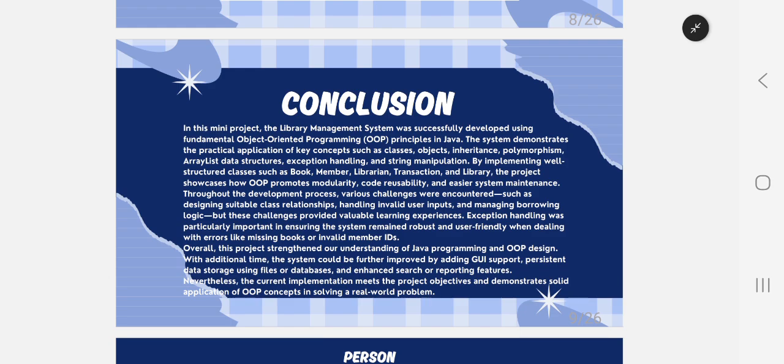Exception handling was particularly important in ensuring the system remained robust and user-friendly when dealing with errors like missing books or invalid member IDs. Overall, this project strengthens our understanding of Java programming and OOP design.